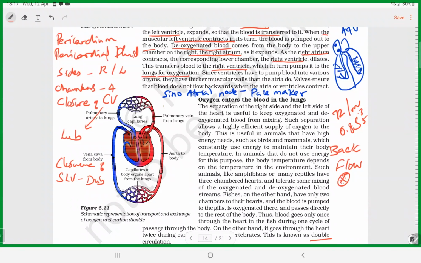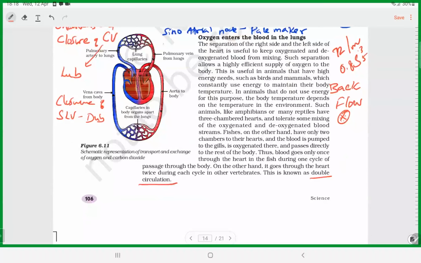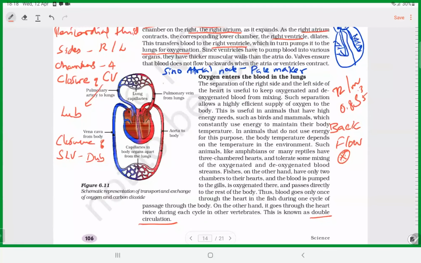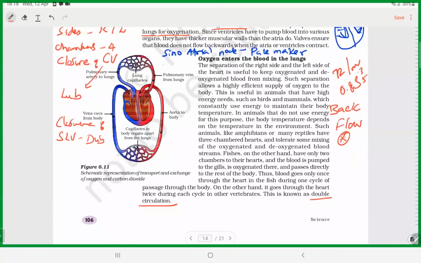But in no way do both of the blood get mixed in the heart. So one side first, maybe once deoxygenated blood and then oxygenated blood. So that's why these are called what? Double circulation. Can you understand? Okay, and here they are talking about the other forms of heart.